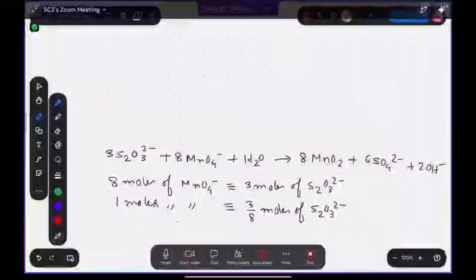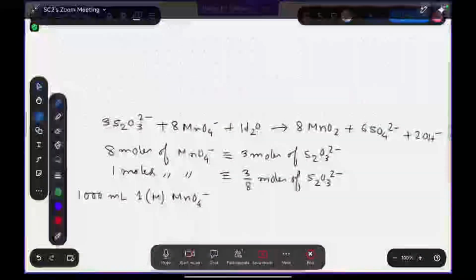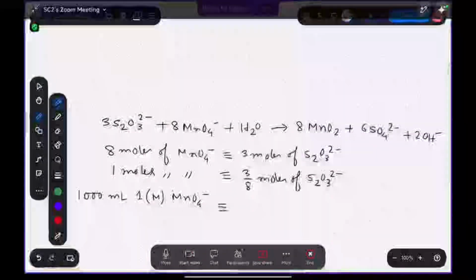Or we can also say 1000 ml, 1 molar permanganate is equivalent to 3 by 8 moles of thiosulfate. Right? Just as I have explained to you in the previous two sums.